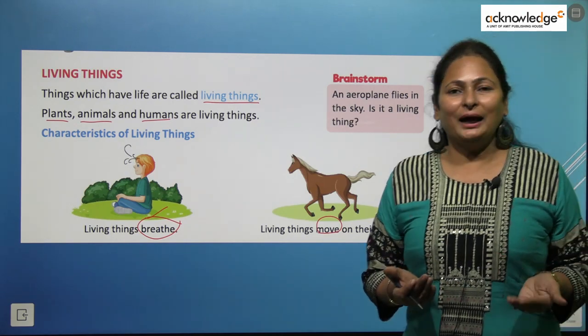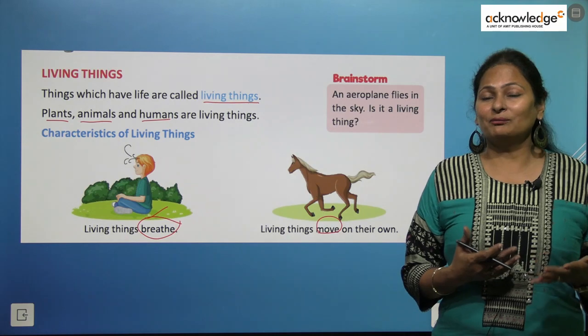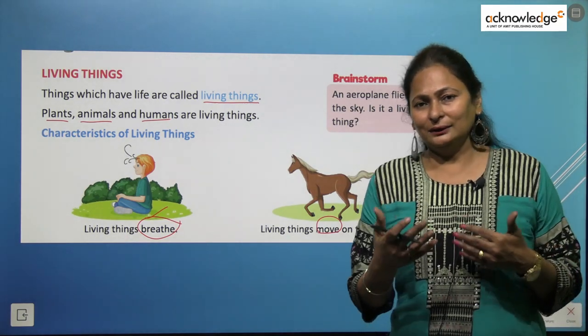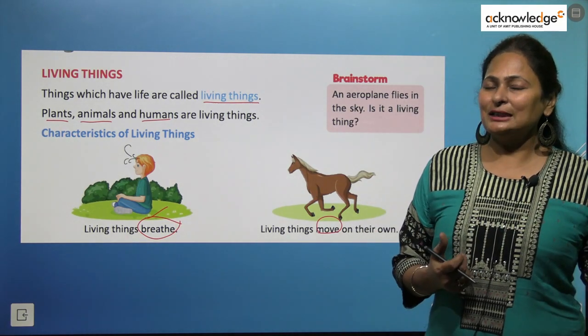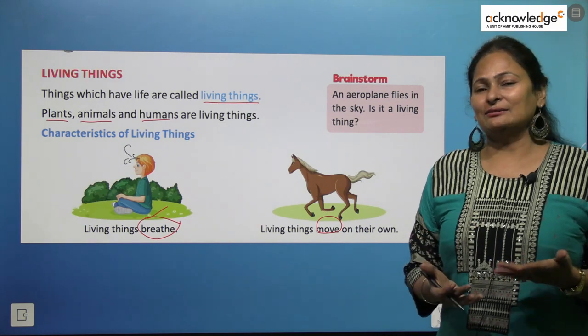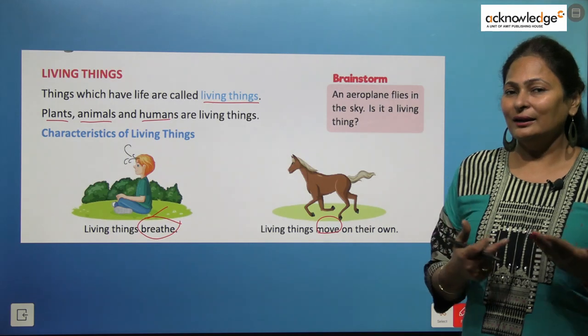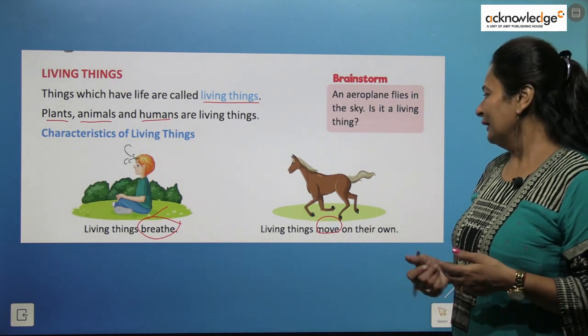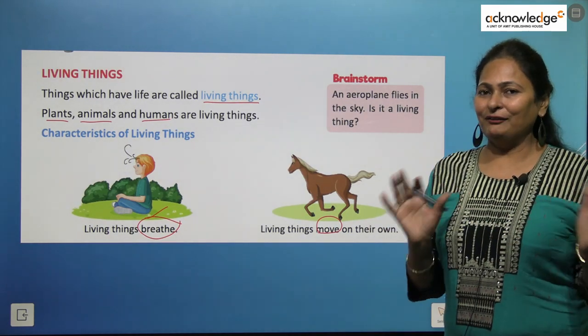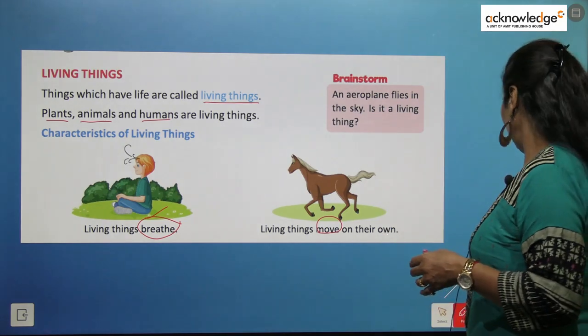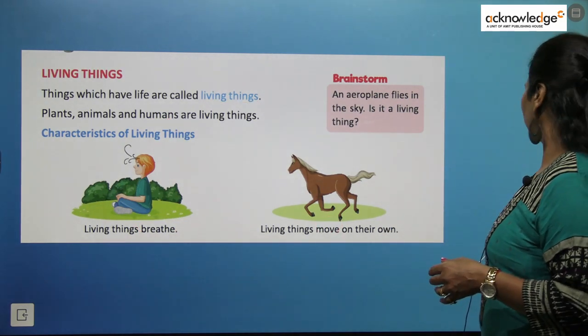But plants cannot move from one place to another, though they show some kind of movements which we will discuss in the next class. So for now, living things can move on their own.